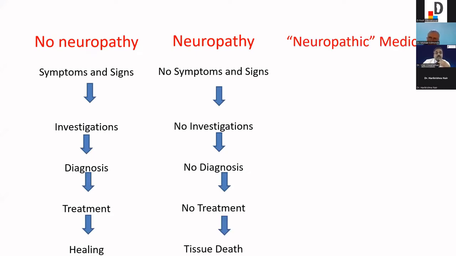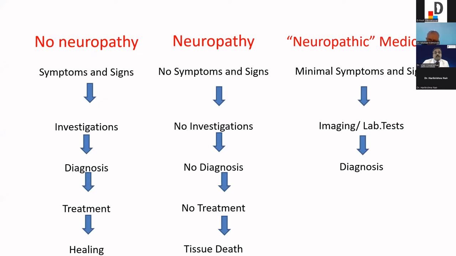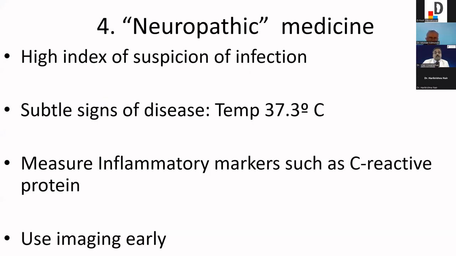So we've got to practice what we call, in a colloquial way, neuropathic medicine. You've got to look for the minimal symptoms and signs. You've got to use imaging and lab tests to help you, and that will get you to the diagnosis, treatment, and healing.